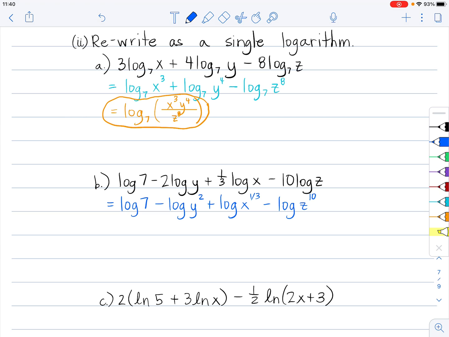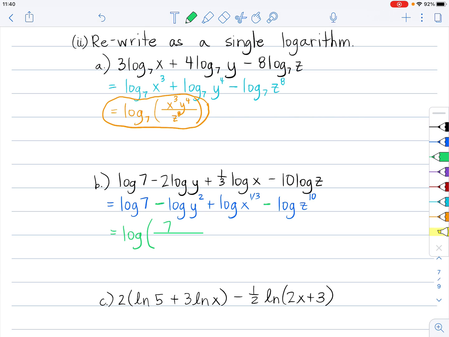Once I have pulled up my exponents, then I'm ready to condense down into one logarithm. Again, do I have a division bar or not this time? The answer here is yes, because I have at least one negative. In fact, I have two of them, so that means that two guys are going downstairs. So who is upstairs? The positive guys go upstairs.